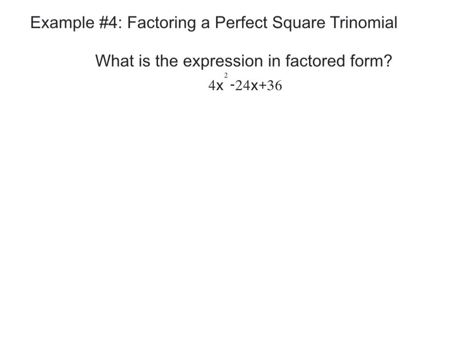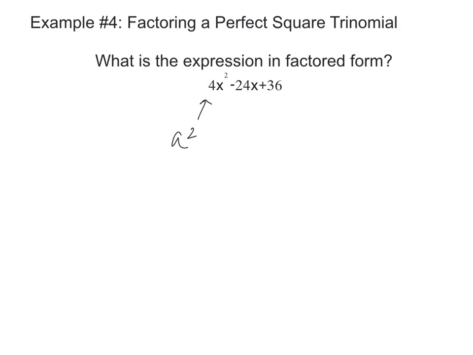All right, looking at example 4, we need to talk about factoring a perfect square trinomial. To know if you have a perfect square trinomial, you would notice that this first term is something squared, meaning I should be able to take the square root and not have any funky rationals or radicals.